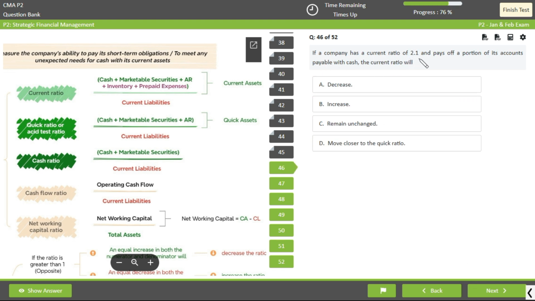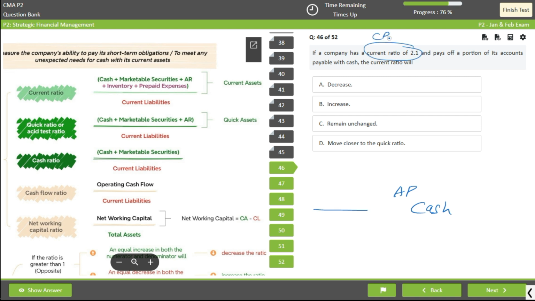If a company has a current ratio of 2.1 and pays off a portion of accounts payable with cash, the ratio is greater than 1.